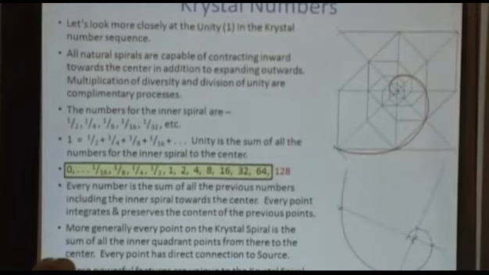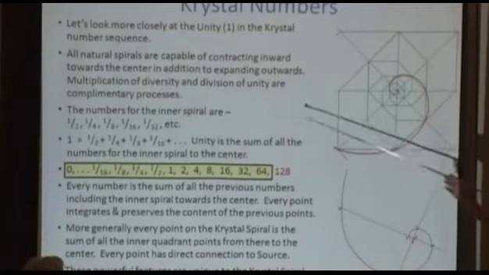So if we look at creation from source's perspective, what we see is unity being progressively divided into smaller units. We have the unity and the integrity of source breaking down into progressively smaller units. And looking at it from the other end, we see a multiplication of a large number of structures. In other words, we see the multiplication of all of the different creatures, the different beings, different planets, the different structures in creation.